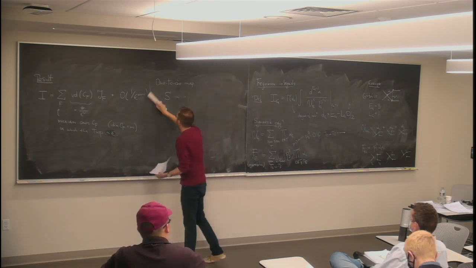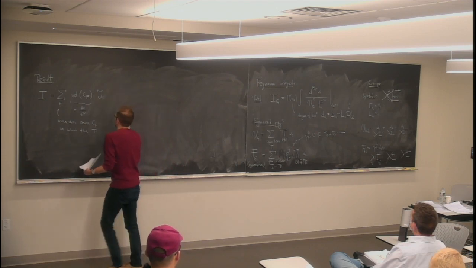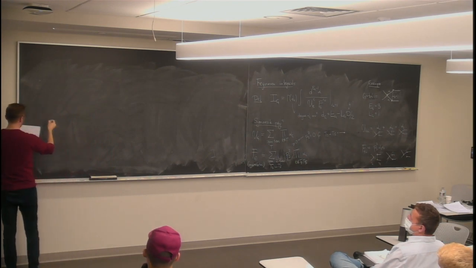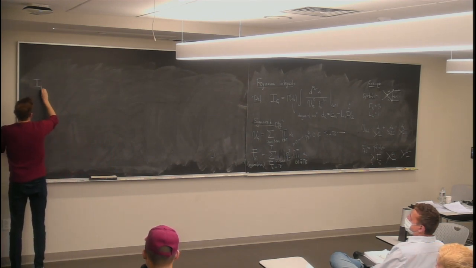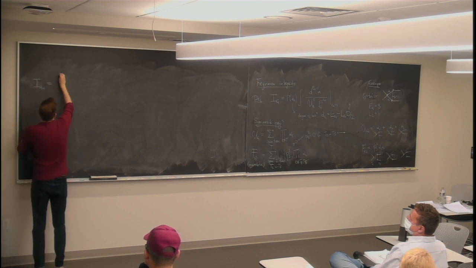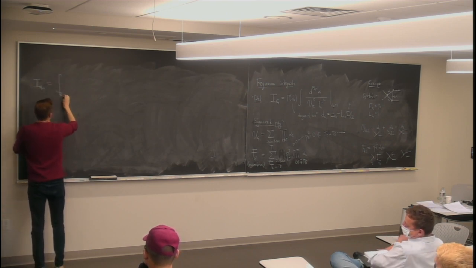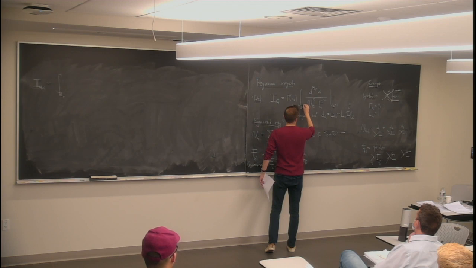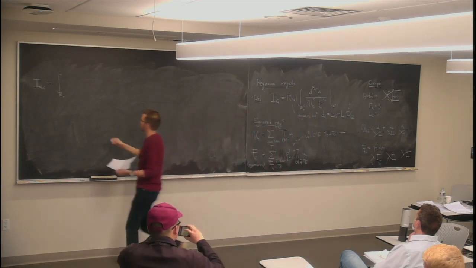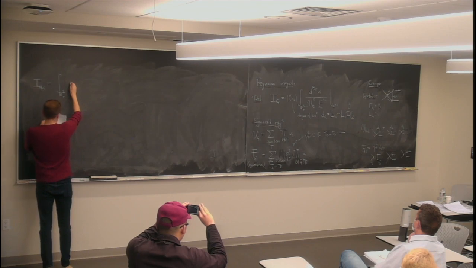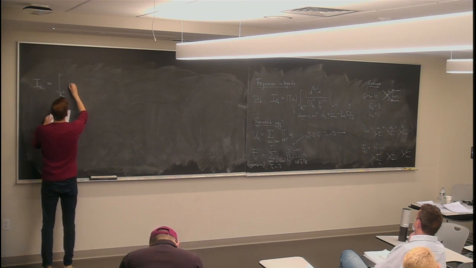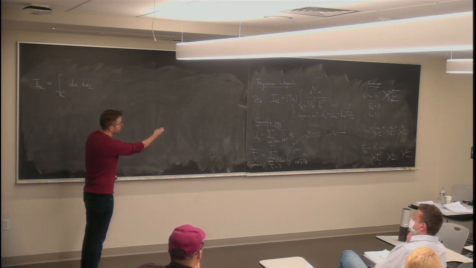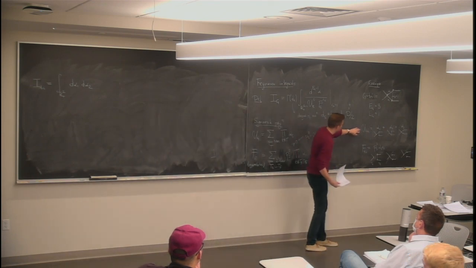Okay, so now in the final step, we can apply this definition to our diagram. After we do this, we find that the I of the triangle has two integrals from 0 to infinity, called alpha 1 and alpha 2.